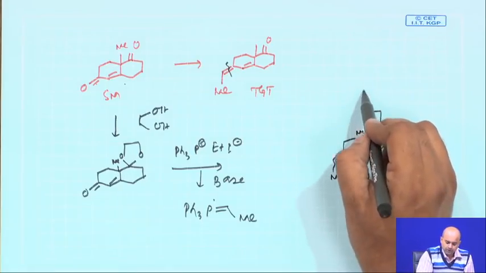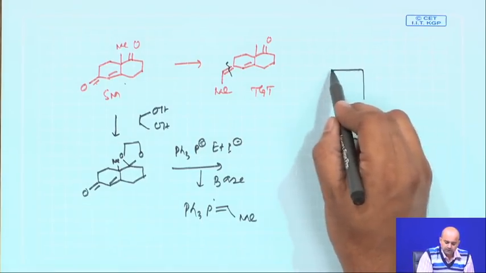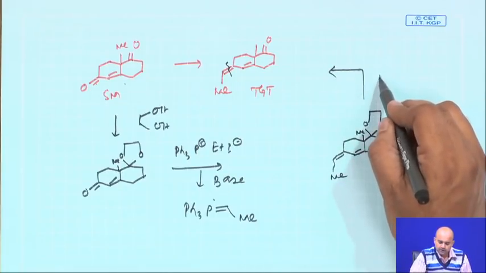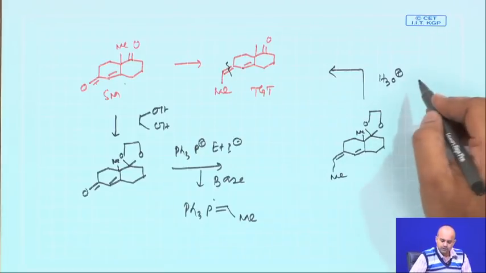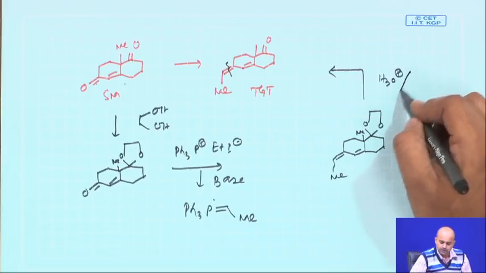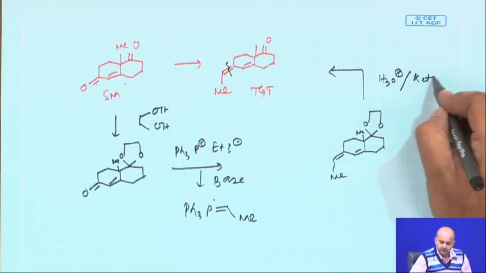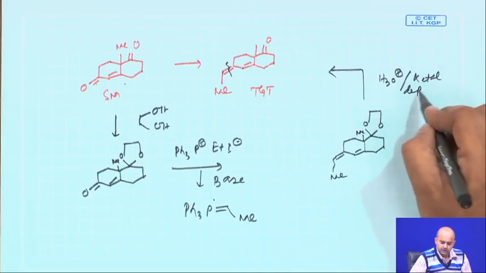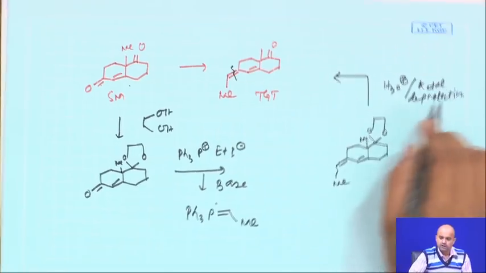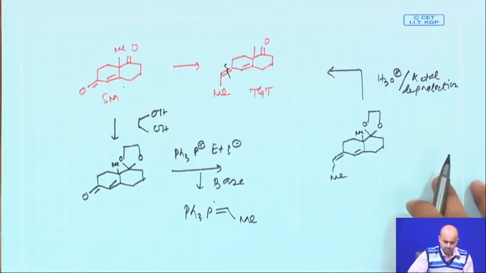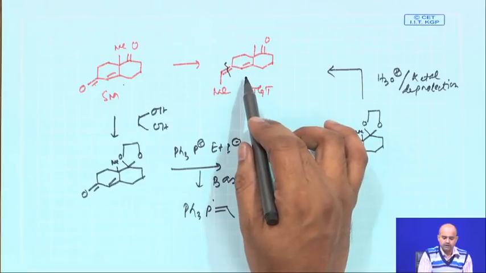Now you need to deblock the ketal, which you do by reacting with H3O plus acidic workup, which removes the ketal. So the ketal group is now deprotected, and you end up with the final target molecule.